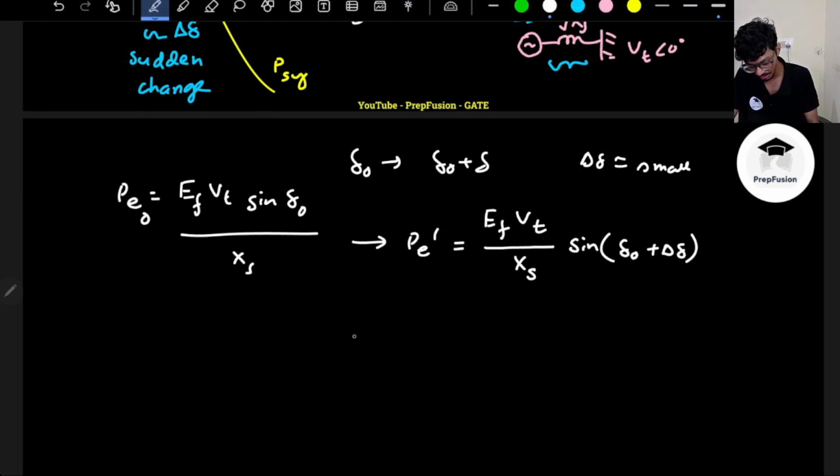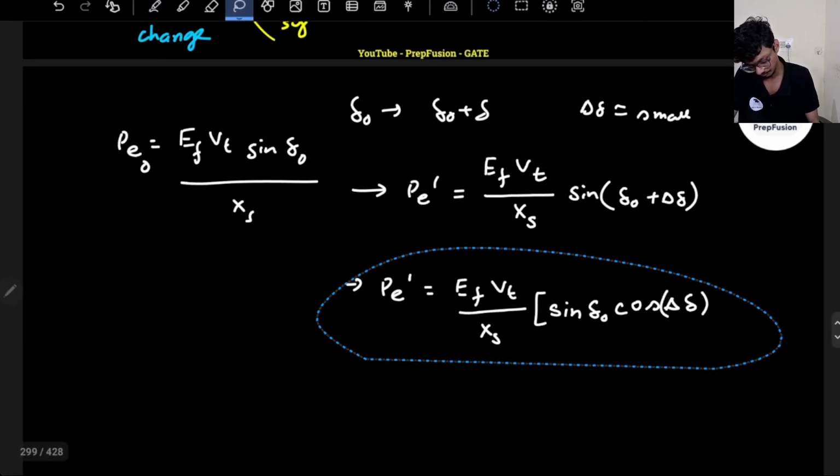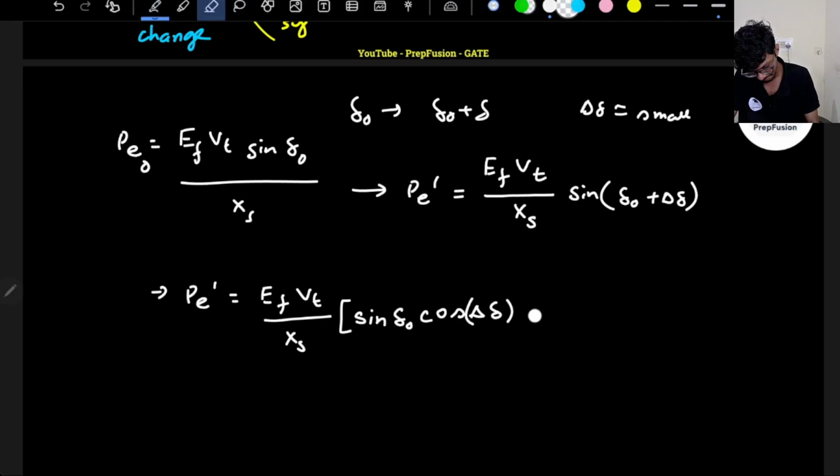So P dash will be equal to the constant EF VT by XS into sin A cos B plus sin B cos A.